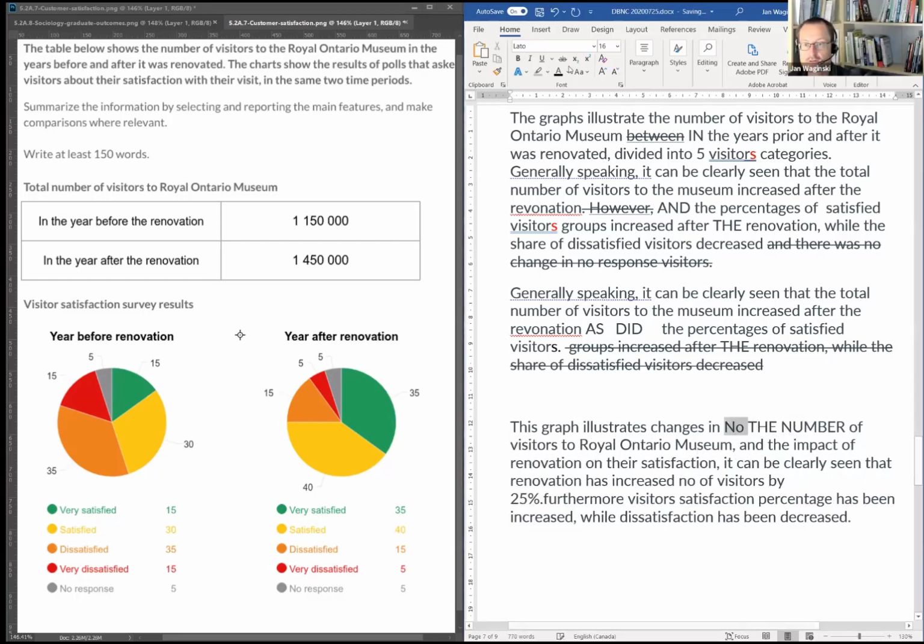You have to write everything out in full for this exam. On their satisfaction. So this is a run-on sentence. Mohammed, does that make sense? Yeah.